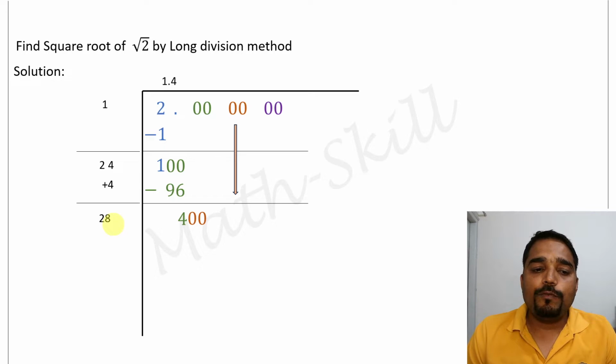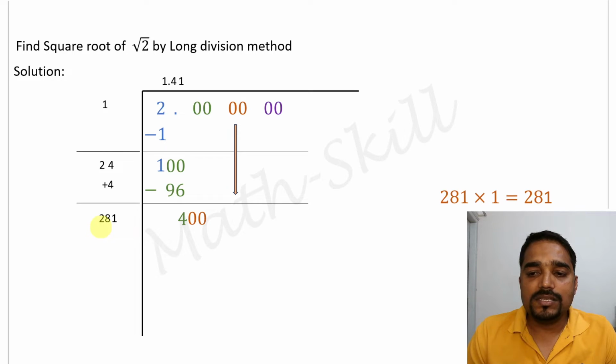That is, if we add 1, 281 ones is 281, the nearest number to 400. If we add 2, then it would be 282 twos, which is more than 400, which is not allowed. So let us take 1. Upon adding 1 to the units place, the number has now become 281. 281 multiplied by 1 is 281. So let us take this 281 and subtract it from 400. Upon subtraction, we see that it is 119.